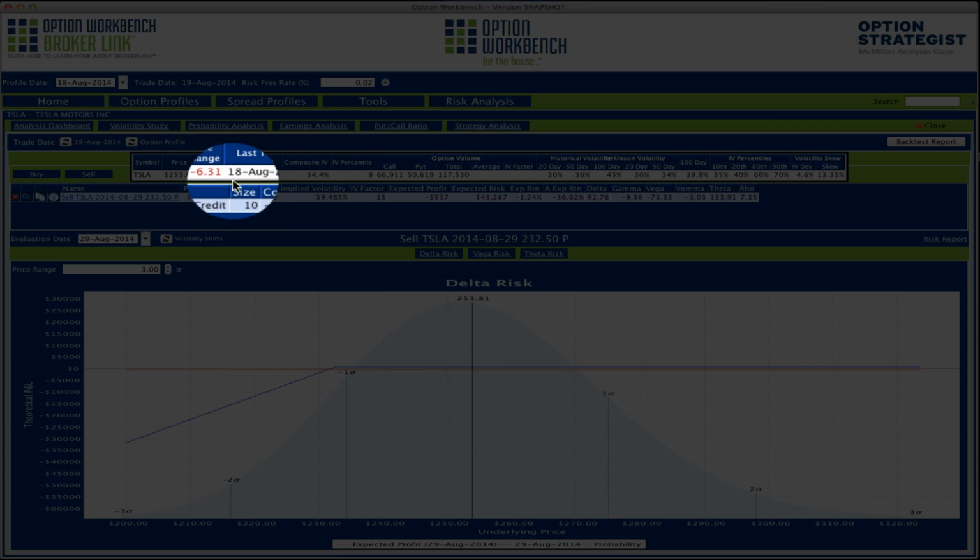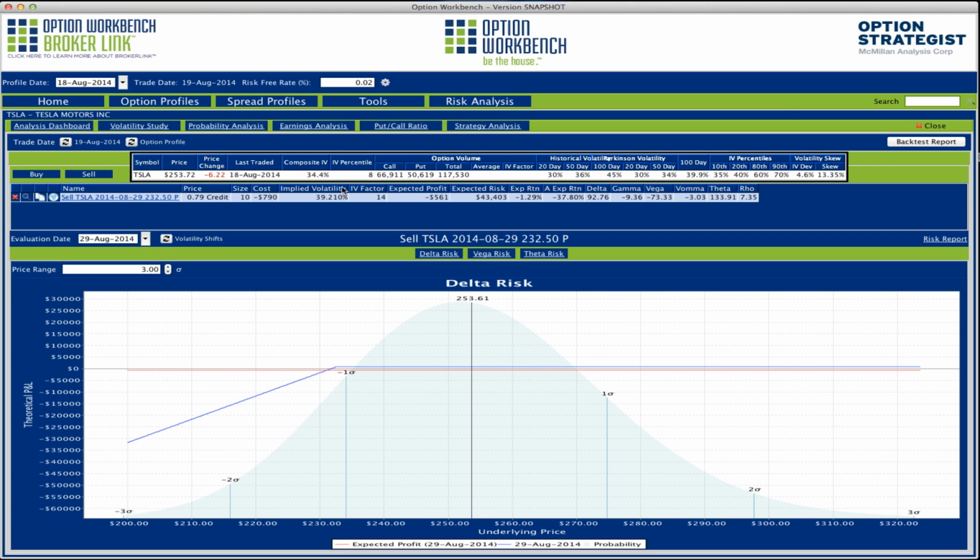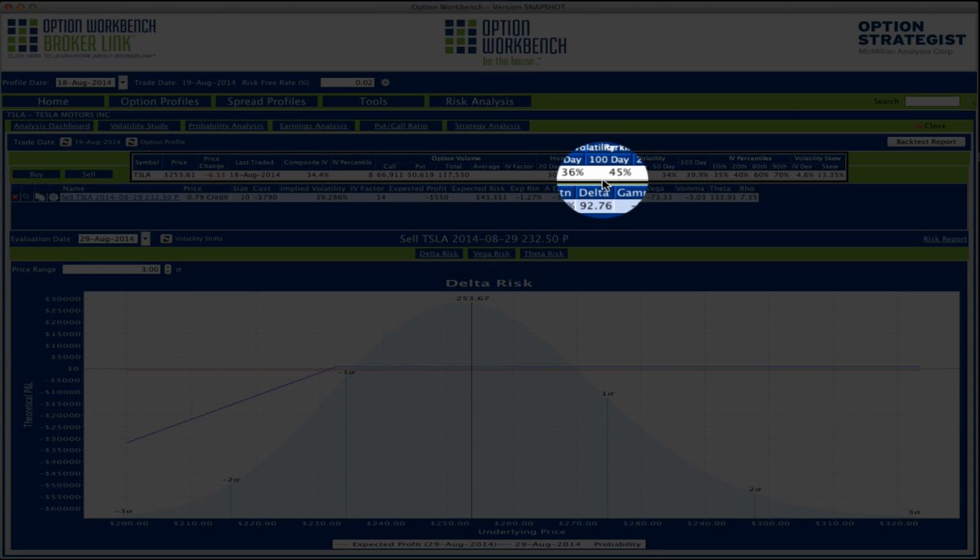Tesla's going down a little bit more now, so that's quite a bit lower than what Option Workbench picked, which is the 100-day historical volatility of 45%.